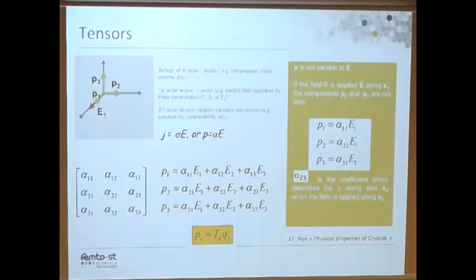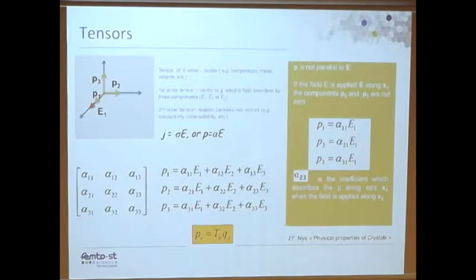If my material is isotropic, my current will be along the same axis, because it's a vector, and they are parallel or anti-parallel. The current cannot change direction; it will always be parallel or anti-parallel to the field. But that is valid only for isotropic materials.